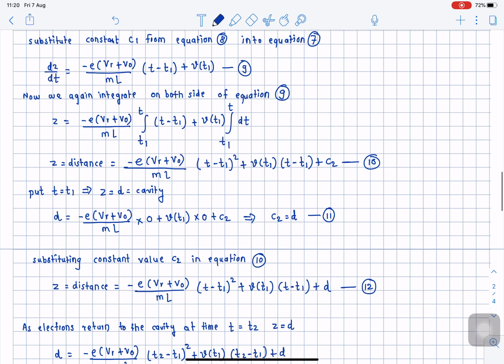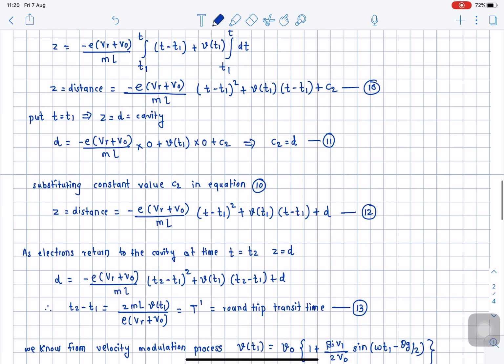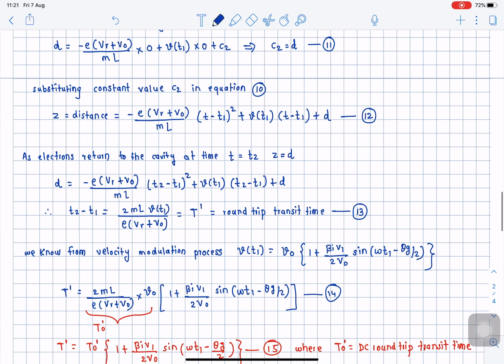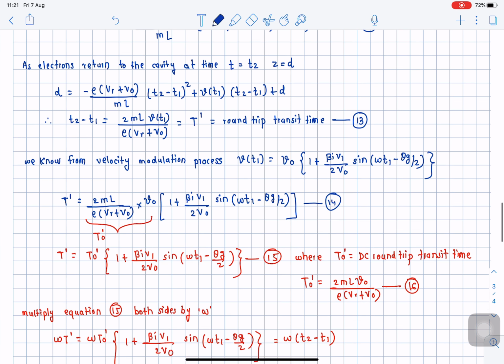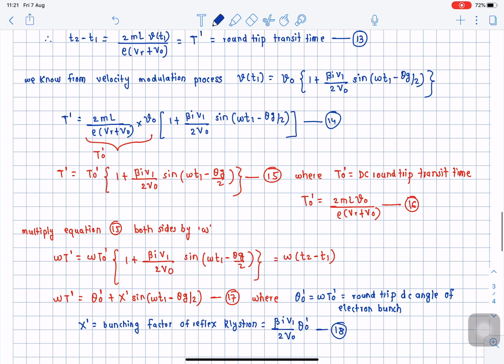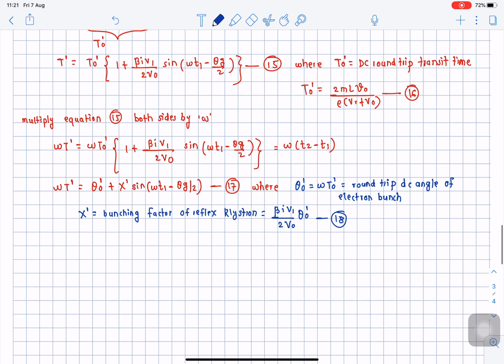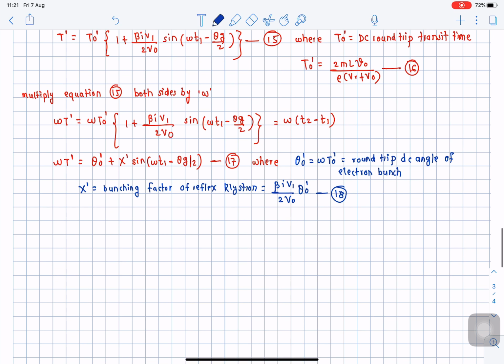By evaluating the different constants in the equation, finally we successfully obtained the mathematical equation for the round trip transit time of the electrons in the operation of the reflex klystron. And we also developed the equation for the bunching factor on which the reflex klystron operates.